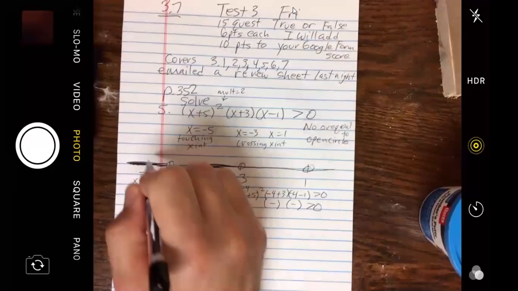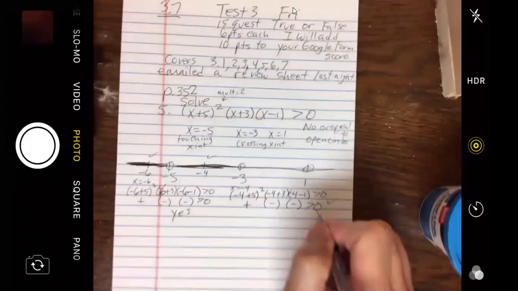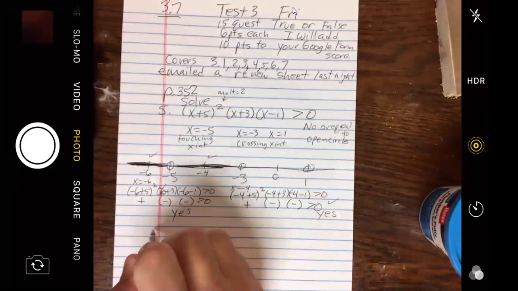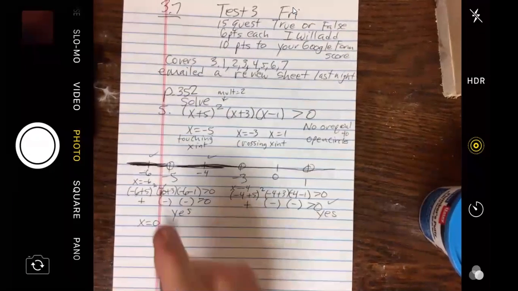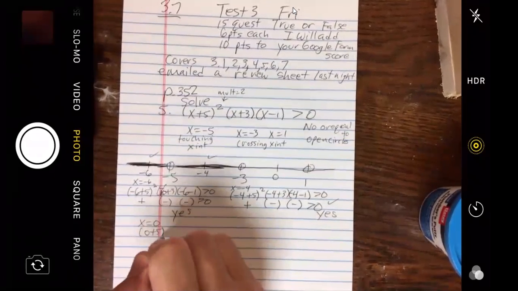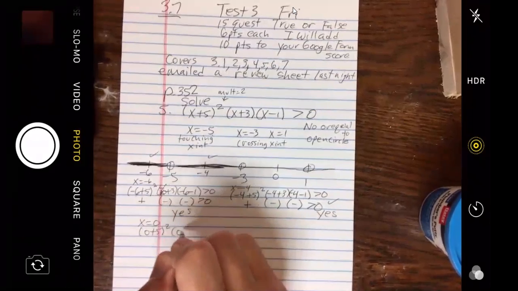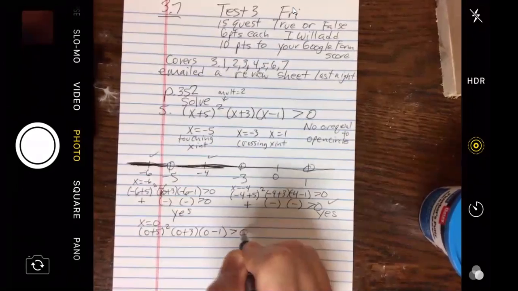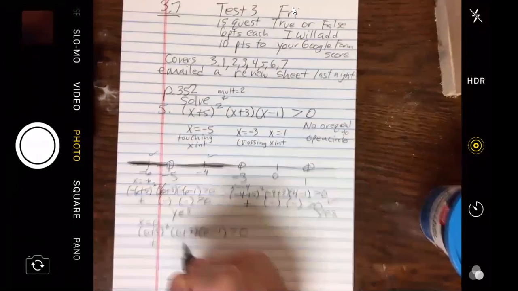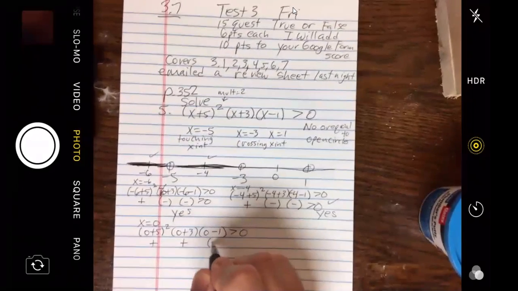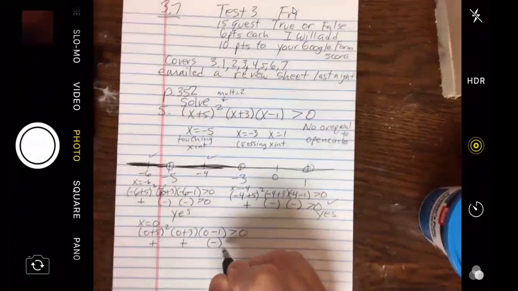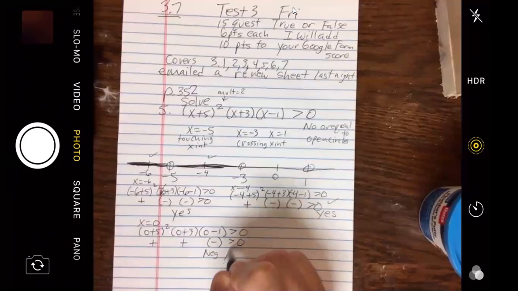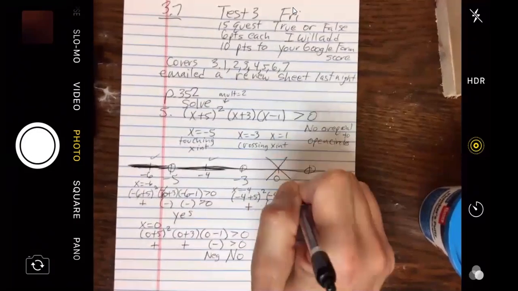All right, I guess we use 0 here. That gives us 0 plus 5 squared, 0 plus 3, and 0 minus 1. Well, that's positive, 0 plus 3 is positive, but this one will be negative. That's one negative, so overall you're negative. Greater than 0? No, so this one is out.